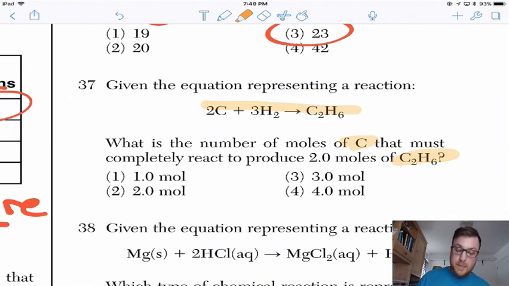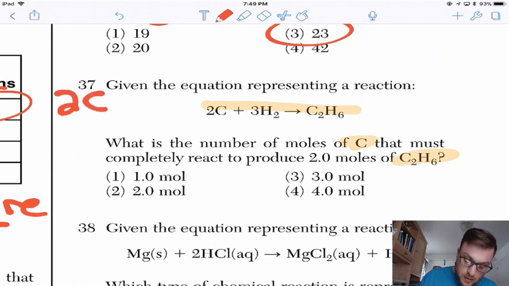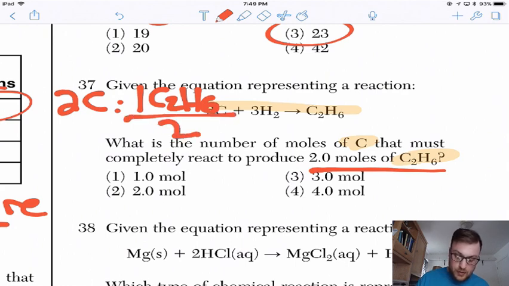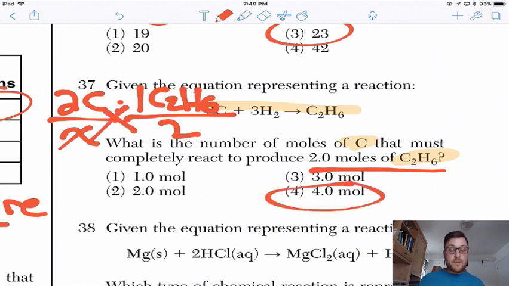Normally, from the balanced equation, 2 carbons make 1 ethane. However, the problem says, how is it going to be different if you have 2 moles of ethane? Cross multiply and divide, and you'll get 4, because 2 times 2 is 4.